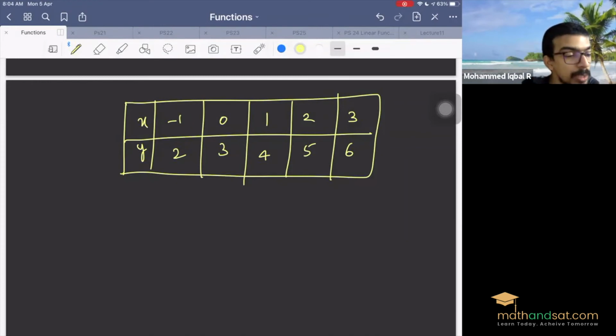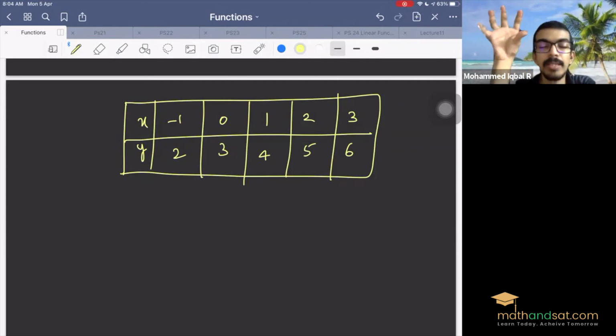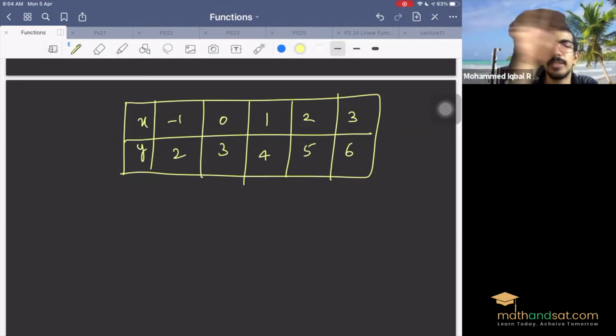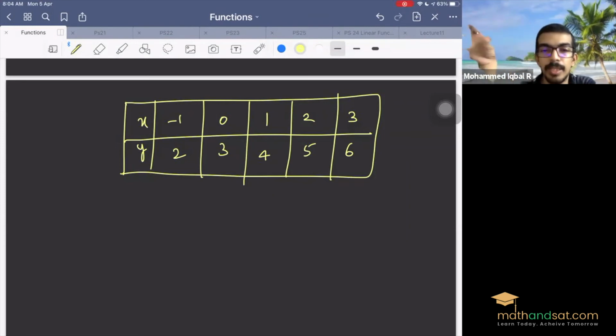I want the relationship between Y and X. So what is that function expression that represents Y? Yeah, Anjali has given me an answer. What about others? Could you give me an answer?